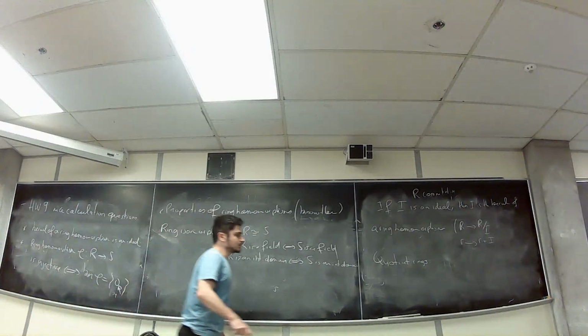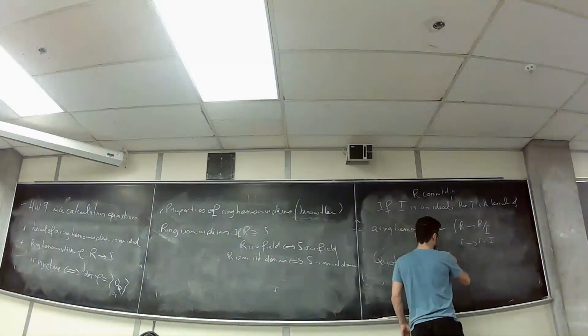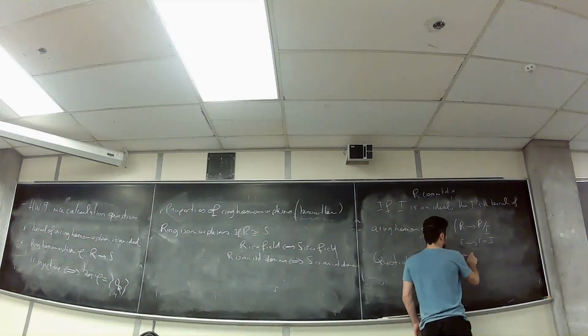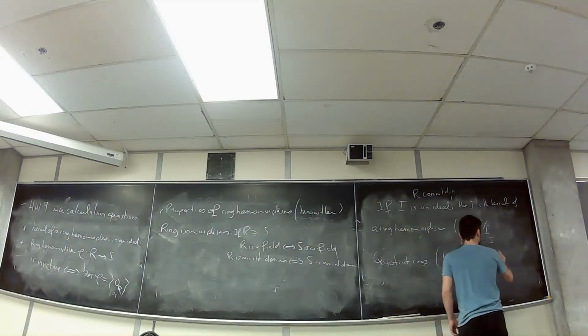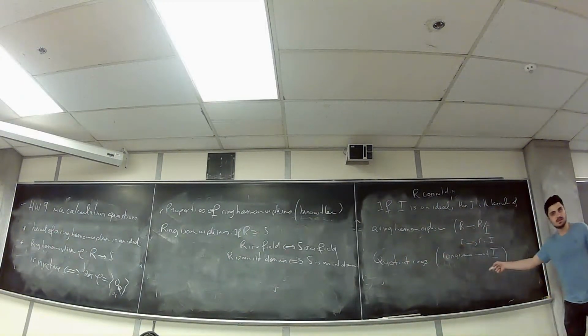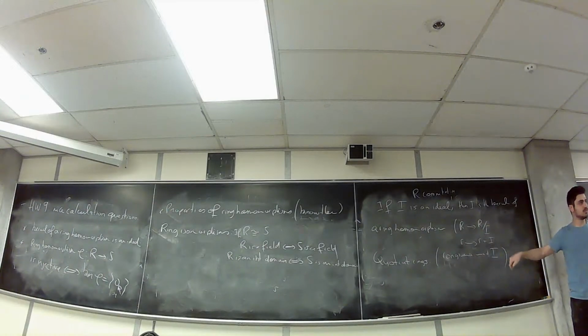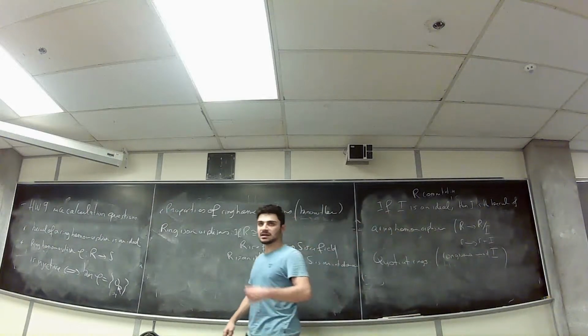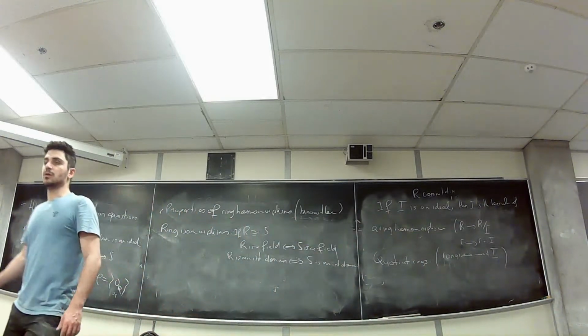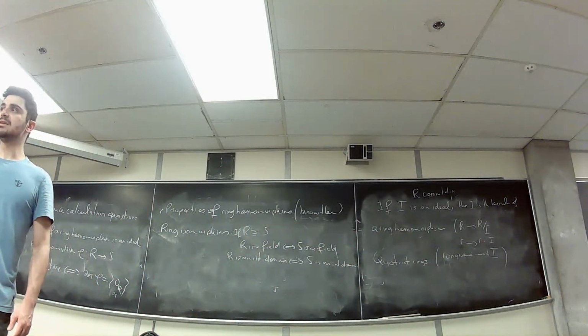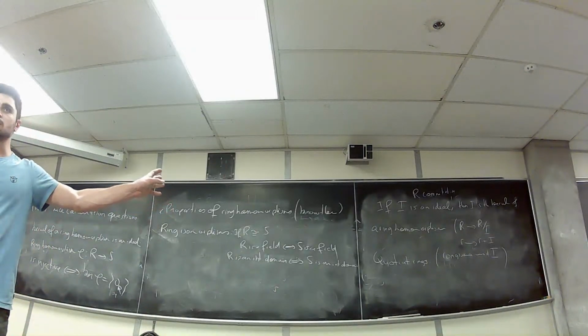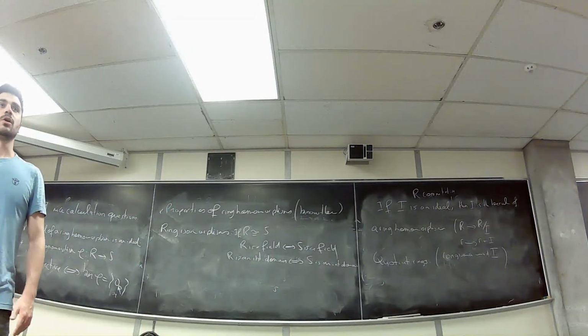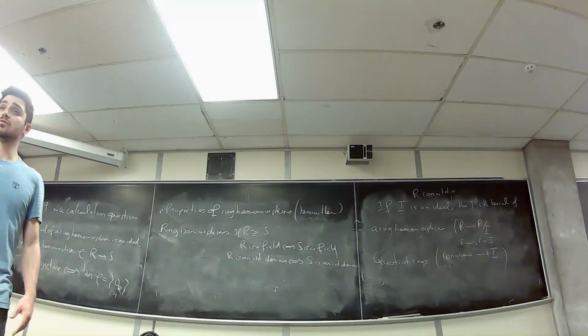Quotient rings, you know, just the congruence relation mod I. We've seen these. If a is congruent to b mod I and c is congruent to d mod I, then ac is congruent to bd and a plus c is congruent to b plus d, right? This is how we showed that the operations on R mod I are well-defined and turn R mod I into a ring.